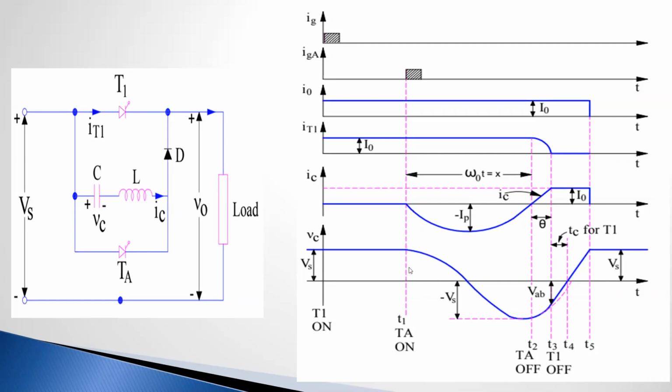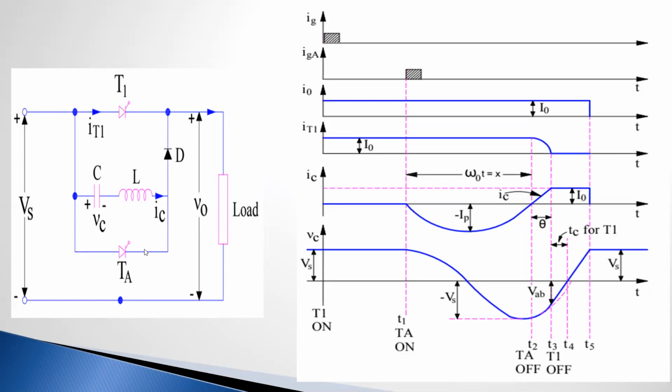Okay, at time t equal to t1, the auxiliary thyristor is turned on by giving the gate pulse. Already it is also in forward bias condition. If we give the gate pulse, it is also turned on.